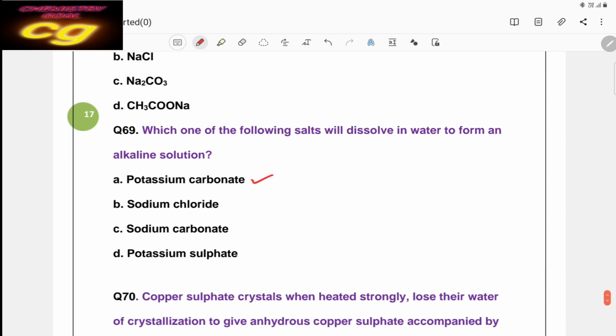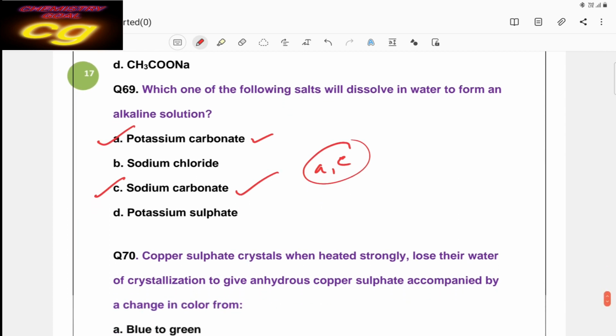So the answer will be potassium carbonate and sodium carbonate, both. A and C are the correct answer, which mainly form alkaline solutions.